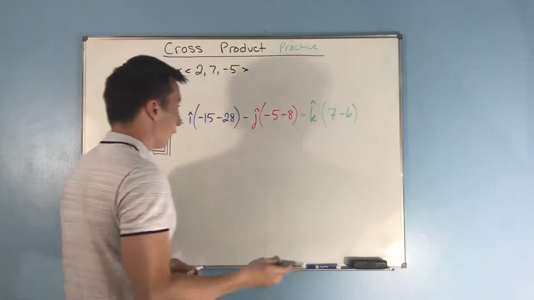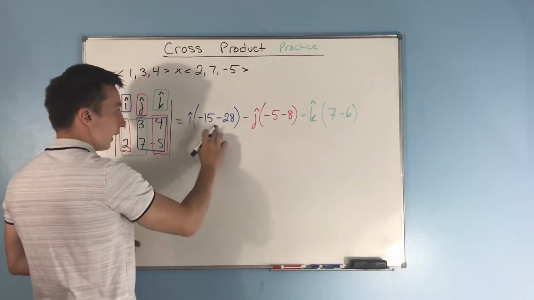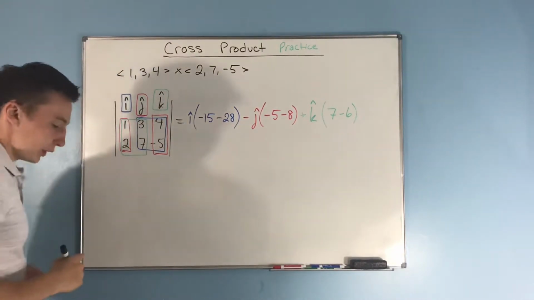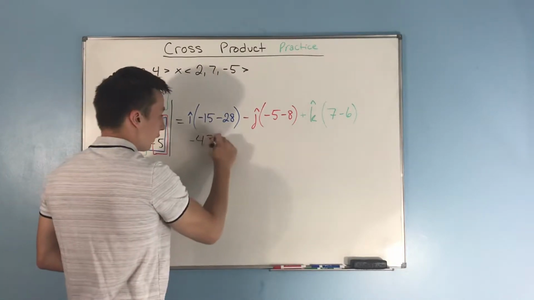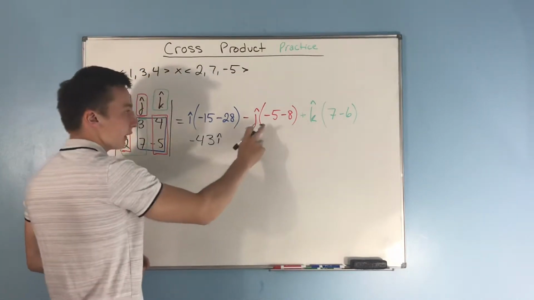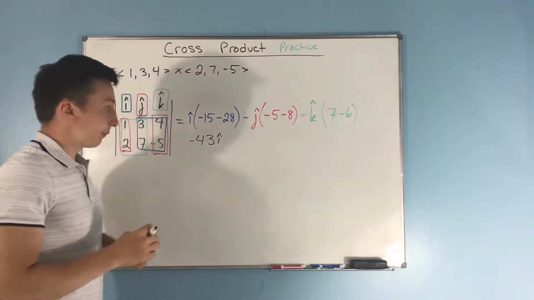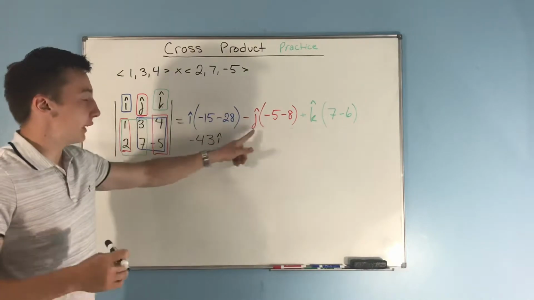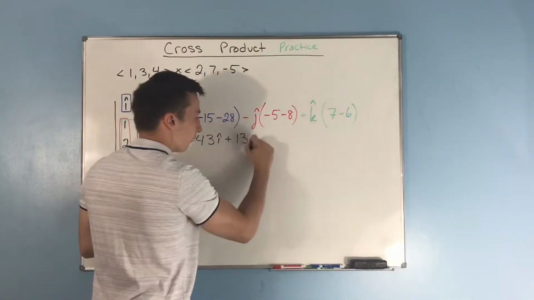Bringing that all together, negative 15 minus 28 is negative 43 i hat. Then you have minus, negative 5 minus 8 is negative 13, and this negative will make it positive, so you have plus 13 j hat.